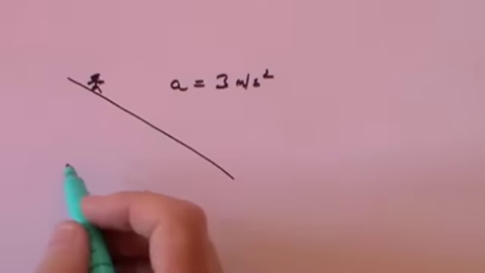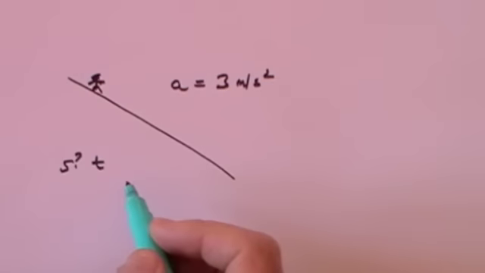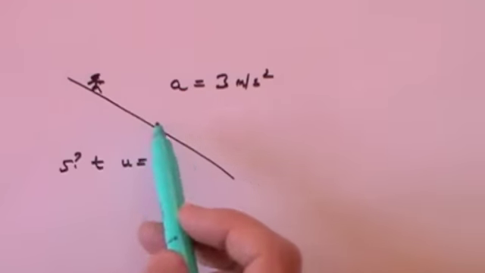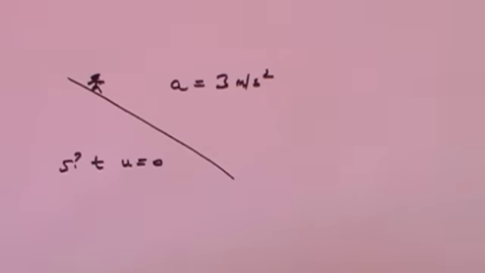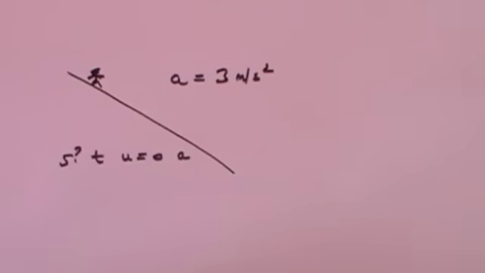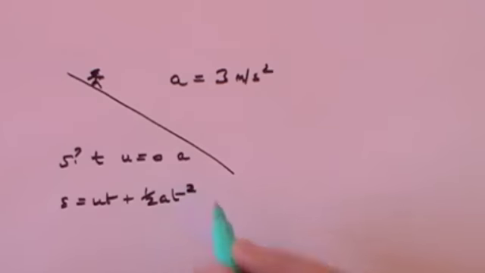So we need to find a distance s. We know the time because that's what we've been given. We know that u is 0 because the skier starts from scratch, and of course we know that the acceleration is gravity. So the correct formula here is s equals ut plus a half at squared.